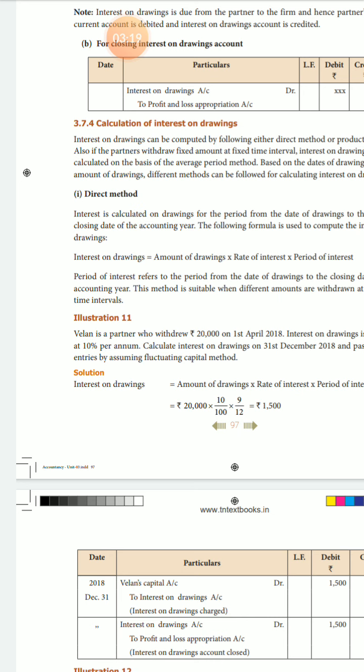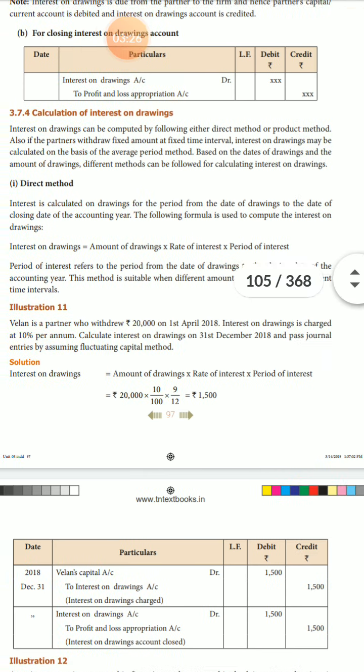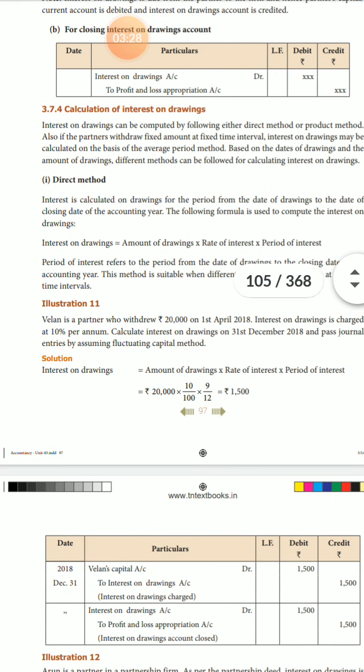Now, illustration 1. Listen students, this is illustration 1. Valen is a partner who withdrew 20,000 on 1st April 2018.